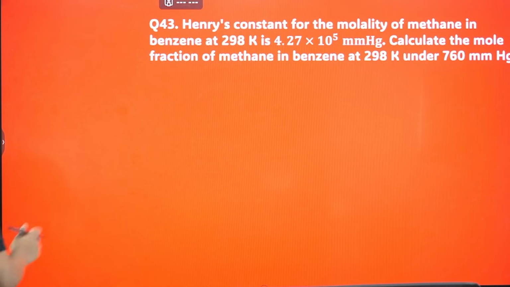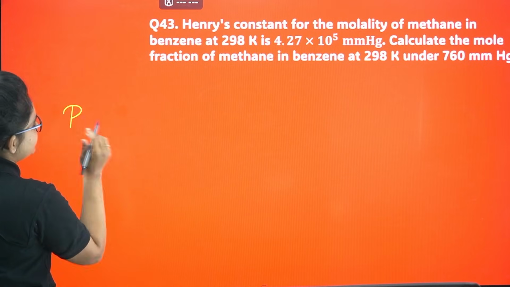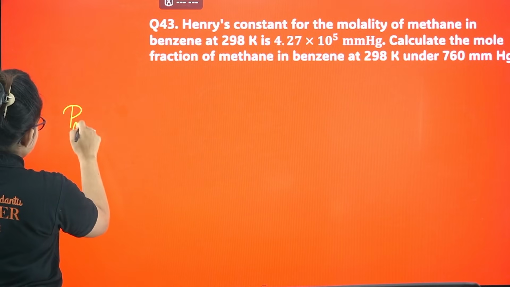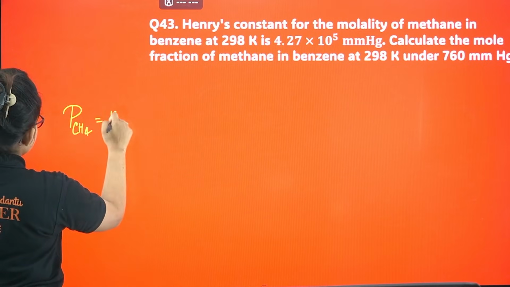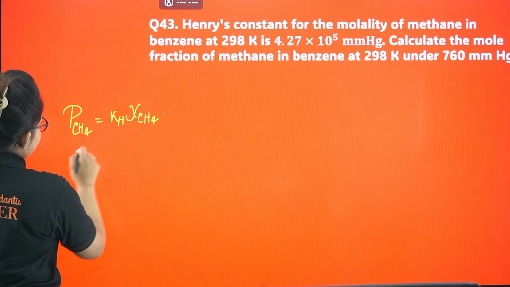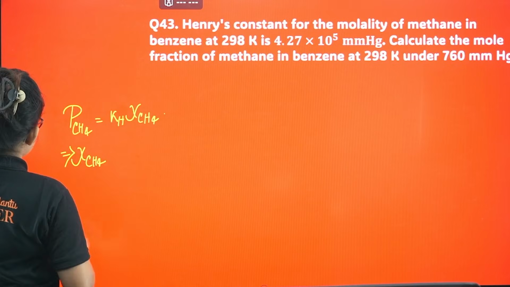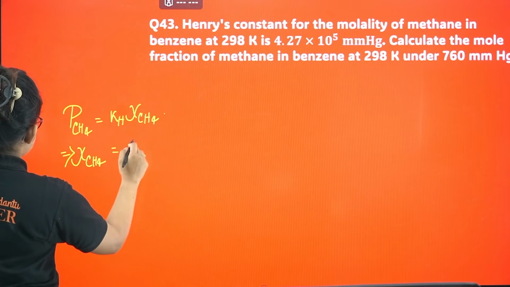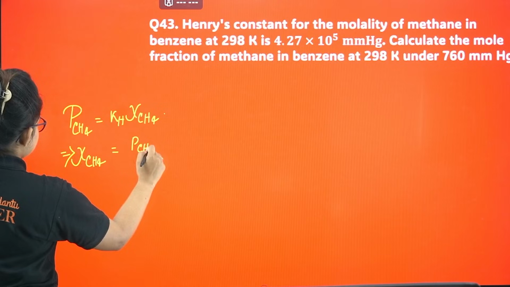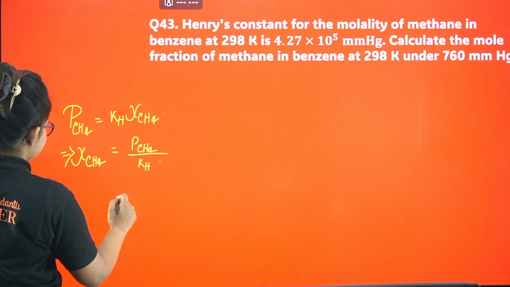So let's proceed with the problem. Partial pressure of CH4 is equal to KH into mole fraction of CH4. Mole fraction of CH4 is something that we have to calculate, right? So that is equal to pressure of CH4 divided by KH. Now simply put in the values.